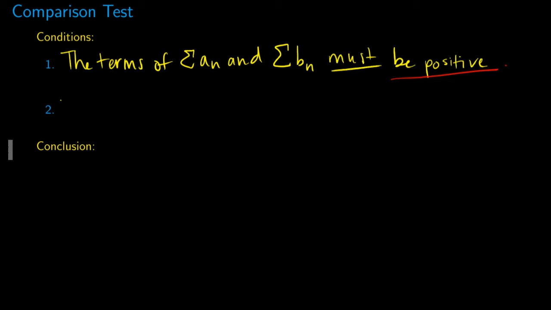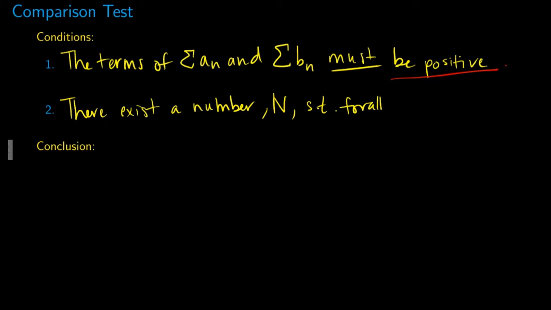Second, there has to exist a number, we'll call it big N, such that for all little n bigger than big N, A sub n is greater than or equal to B sub n, which is greater than or equal to 0.